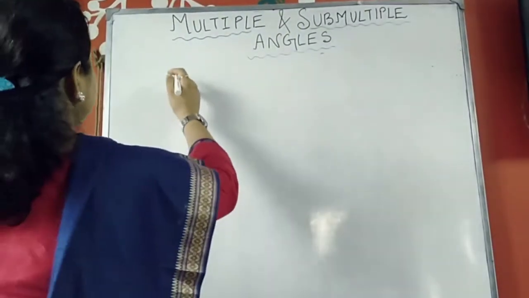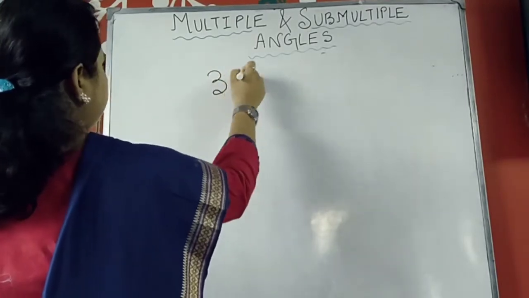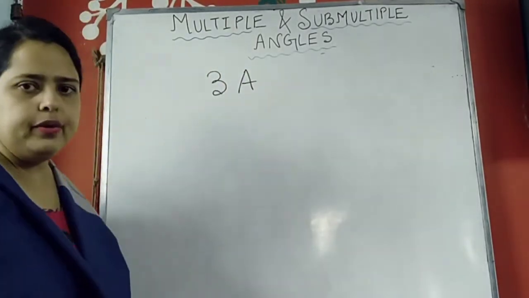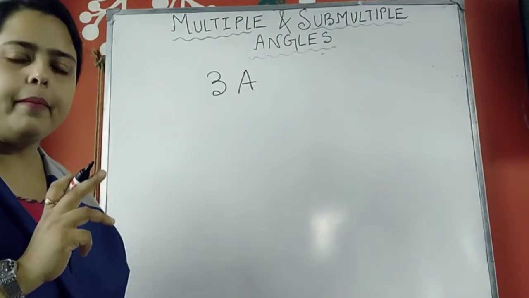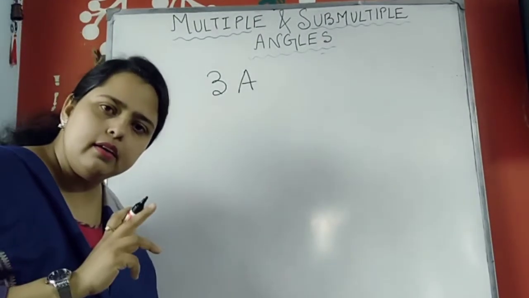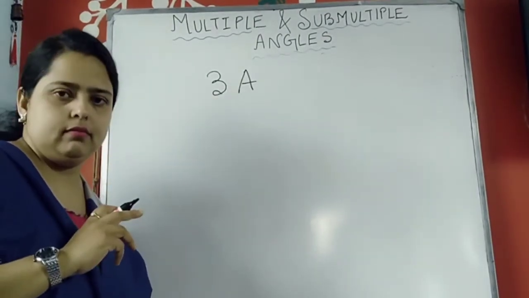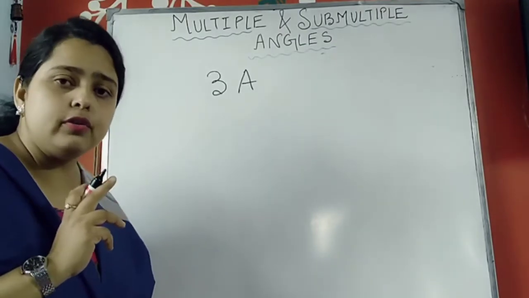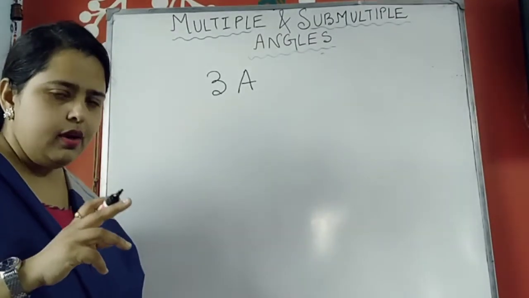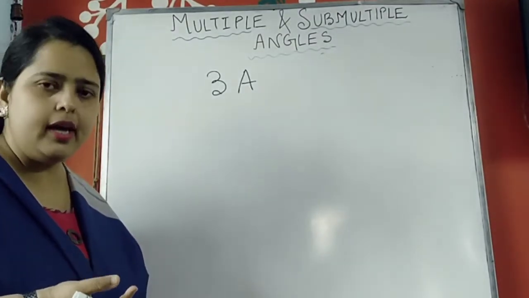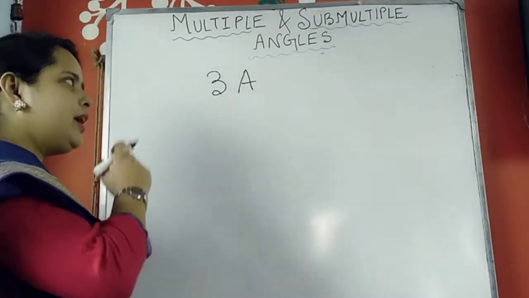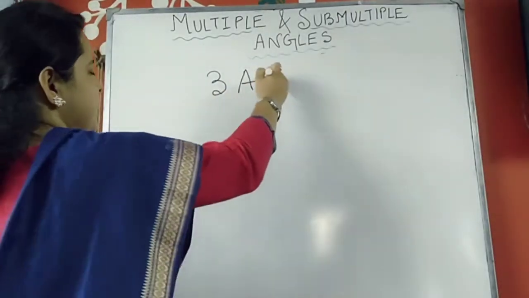Now another multiple set will be the 3A angle, and the 3A angle can be written by substituting B as 2A, like the one where we substituted B as A and got sin 2A and cos 2A. In the same way we can write 3A as A plus 2A.